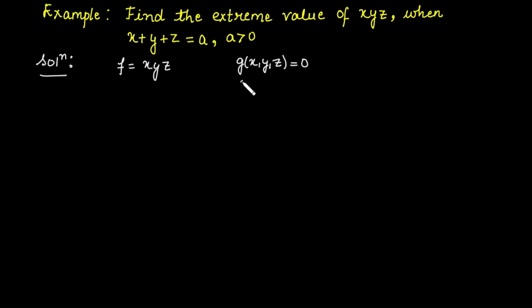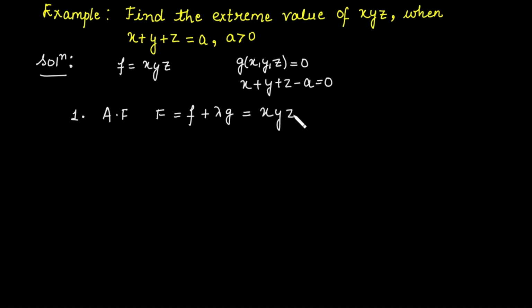We write this as x plus y plus z minus a is equal to 0, and the function is xyz. Step number 1, write the auxiliary function, that is capital F is equal to small f plus lambda times the condition, that is xyz plus lambda times x plus y plus z minus a.